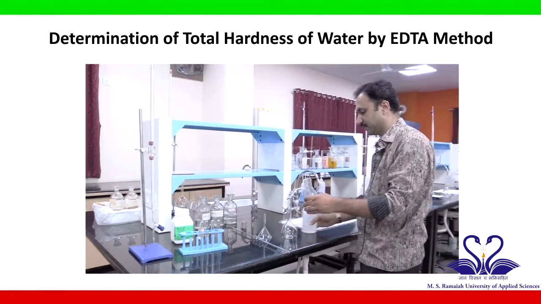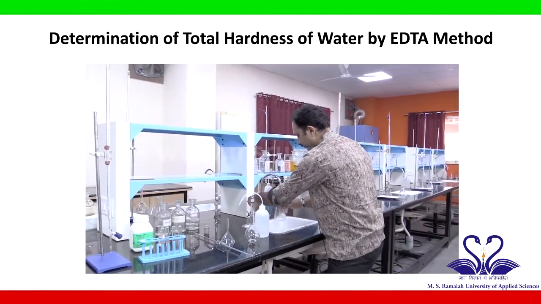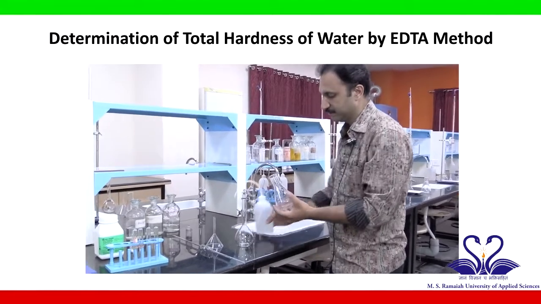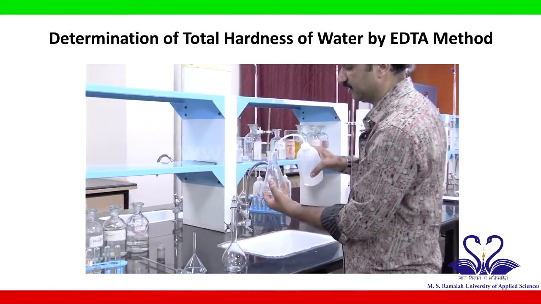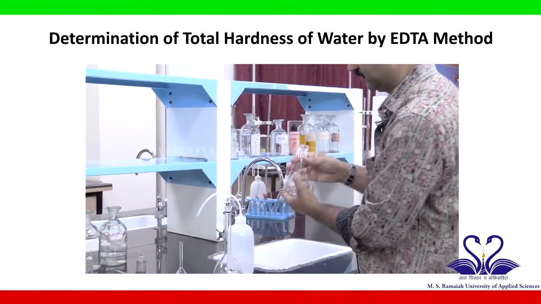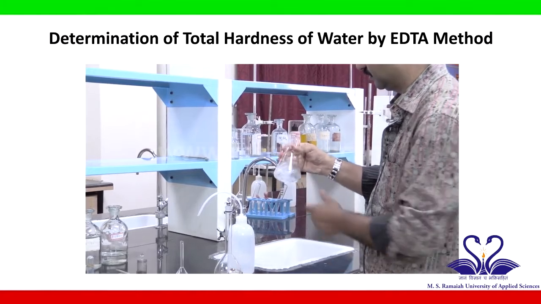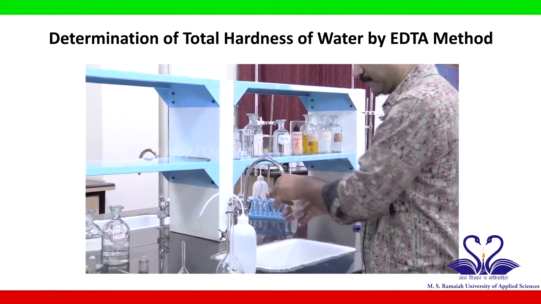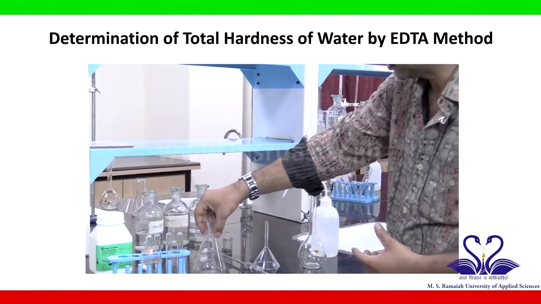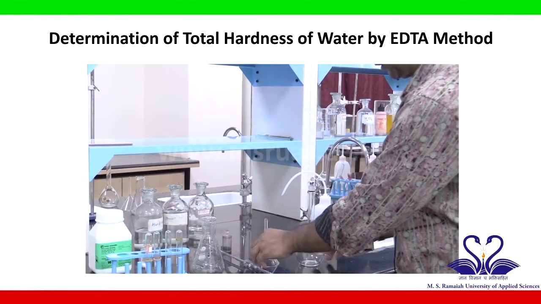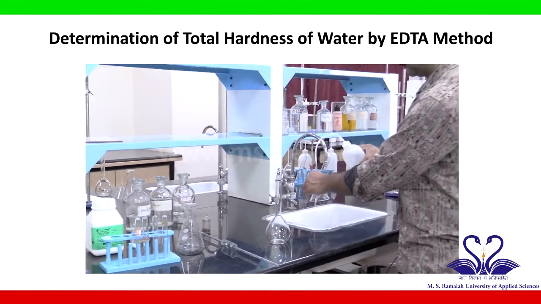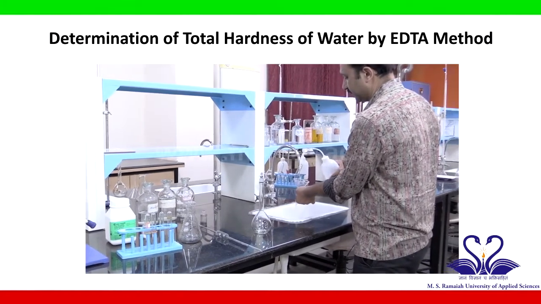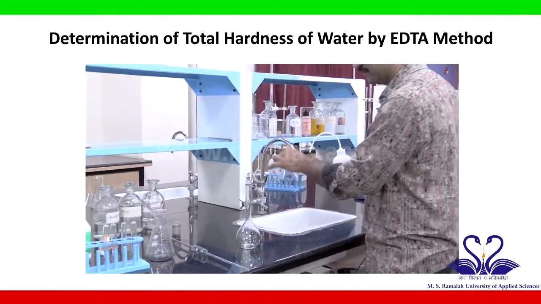Similarly, the funnel you have to wash with tap water 3-4 times and then rinse with the distilled water. The funnel is to be washed with tap water and then rinsed with distilled water.